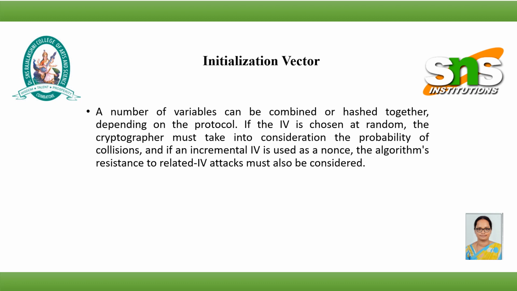A number of variables can be combined or hashed together depending on the protocol. If the initialization vector is chosen at random, the cryptographer must take into consideration the probability of collision, and if an incremental initialization vector is used as a nonce, the algorithm's resistance to related IV attacks must also be considered.